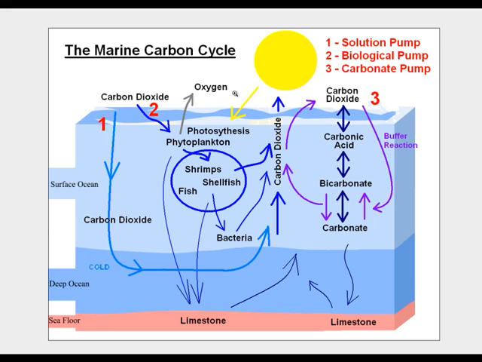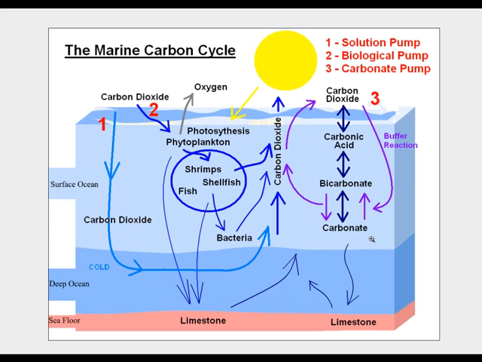I've pretty well finished talking about the marine carbon cycles now. Just a few points though. All these cycles, they do interact with each other. For example, here we have carbon dioxide here. There's no reason why this carbon dioxide here can't be part of this process here.